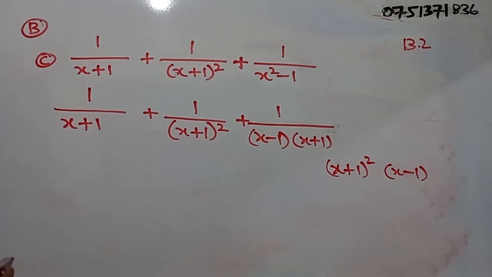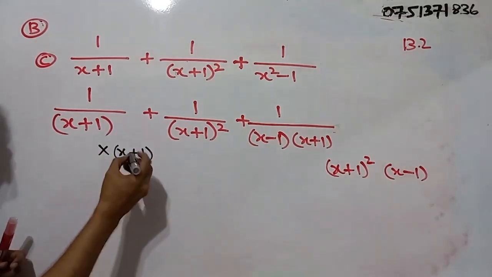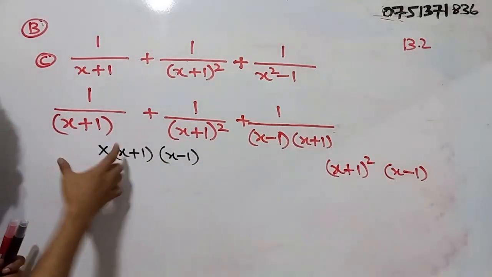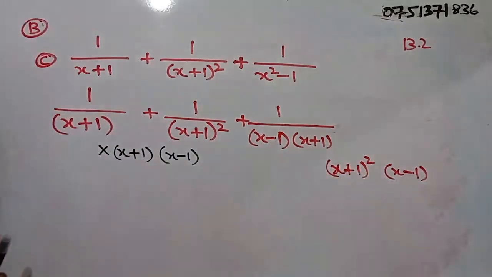For the first term, it must be multiplied by (x plus 1)(x minus 1), and that is when we get (x plus 1) squared.